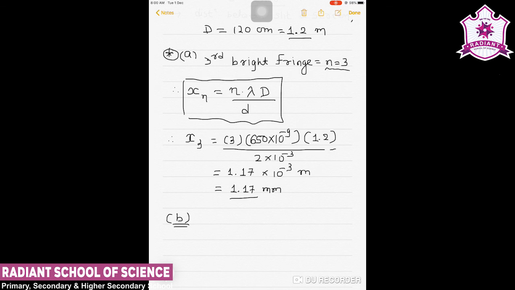Now another question that they have asked is where they both will coincide. We say that suppose at any distance, say x, from the central maximum, we can have the same intensity, or the coincident point of them.